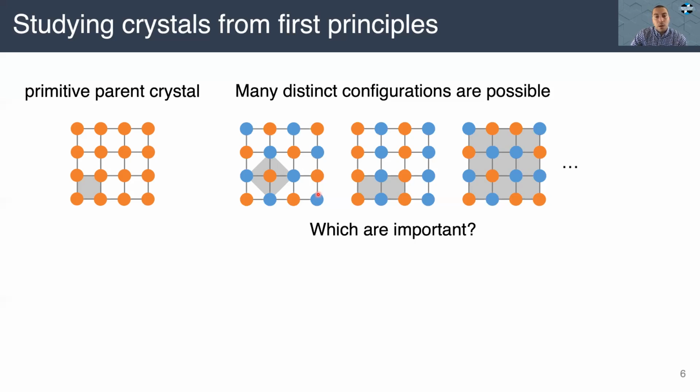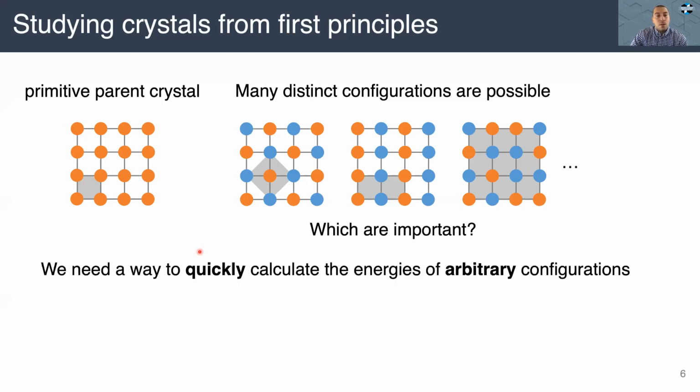But we also need to know the energy of other configurations, because at finite temperature, the excited states could become thermally accessible. So in order to model systems like this with configurational degrees of freedom, we need a very fast way to calculate the energies of arbitrary configurations, because we generally need to consider a lot of configurations.